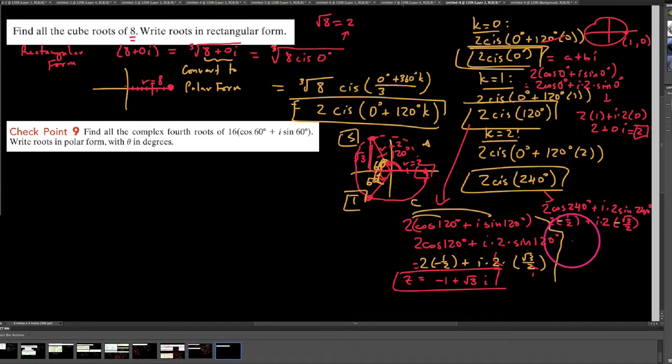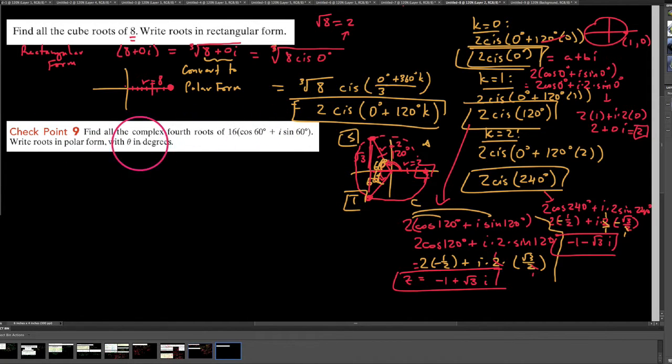And so to simplify this, we would get negative 1 here, but instead of plus root 3 over 2, multiplying these, these cancel. We get minus root 3 times i. This would be this number here where we go left 1 and down root 3, but you can certainly see that symmetry here. So the last thing I want to do here is just this one here.